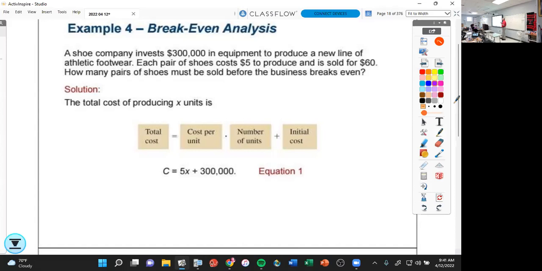It's very simple. That's it. The revenue is 60x, right? How do I break even? Cost and revenue have to be equal to each other. Does that make sense? Let's move on.